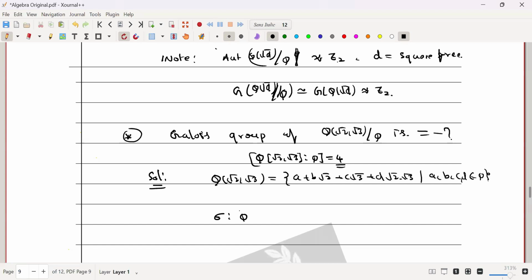Assume that K is equal to Q(root 2, root 3), so sigma from K to K is an automorphism.